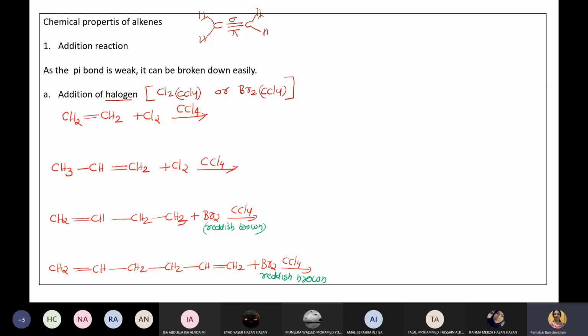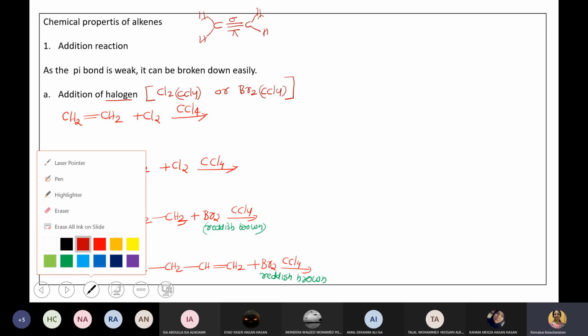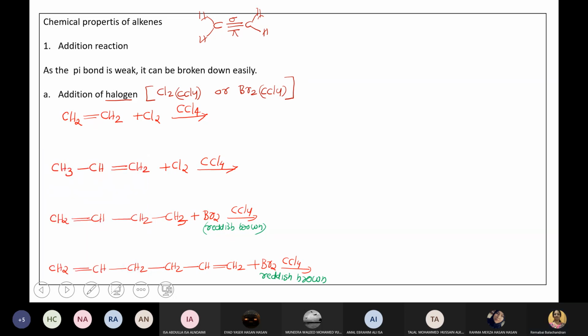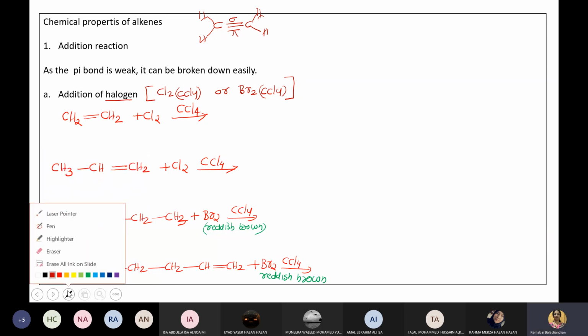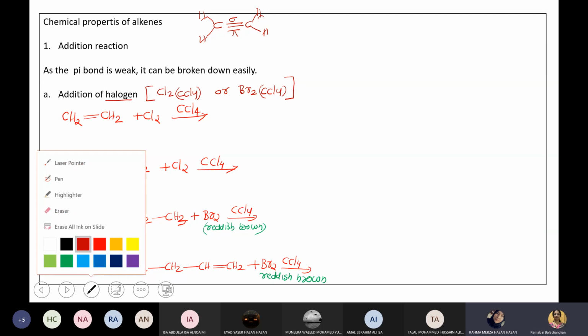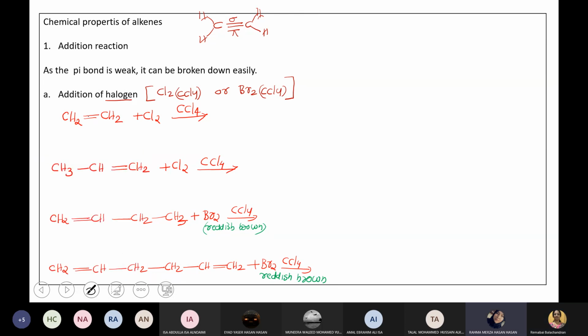So of course you know the products. We break the bond, right? And what do you get? Tell me. My dear students, come on. What will happen? This bond will be broken, right? So it will be CH2Cl on both sides. One Cl here, other Cl here.